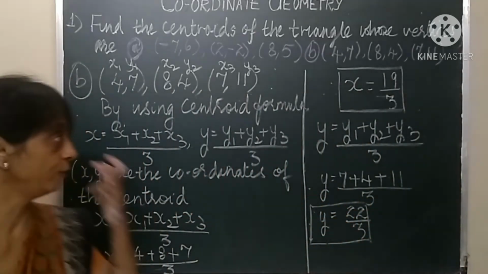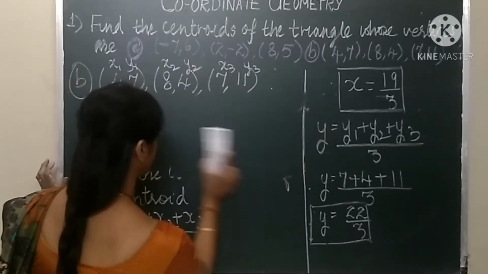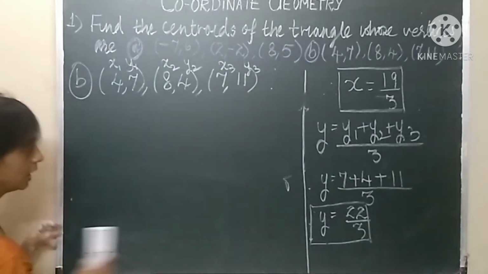So by using centroid formula, we have got the values of the coordinates of the centroid. So what do we conclude?